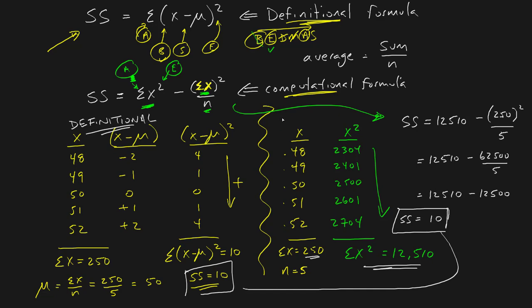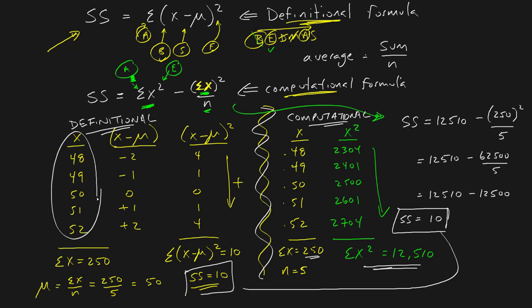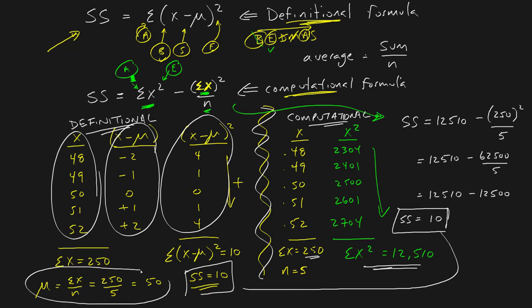Over here on this side of the squiggly line, we have the computational. Now remember what I said was that the computational formula's reason for existing is to allow you to do less work. When we were dealing with the definitional formula, we had to work with our raw data, then we had to find deviations, then we needed a third column to square the deviations. Also, we had to work out the mean.